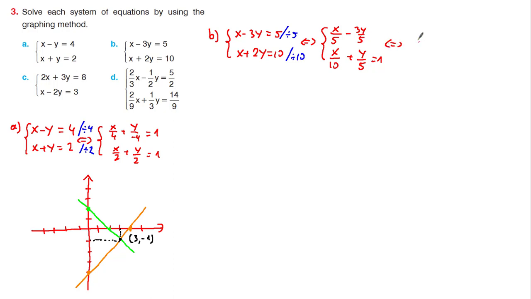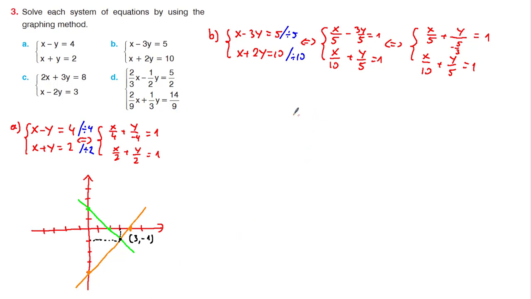So just working out a bit these numbers, let's see. We get x over 5 plus, we should have y over something, so that means it will be 5 over 3, negative 5 over 3 actually, equals to 1. Here it should be equals to 1 as well. So finally we have x-intercept and y-intercept for the first line, and also x and y-intercept for the second line.